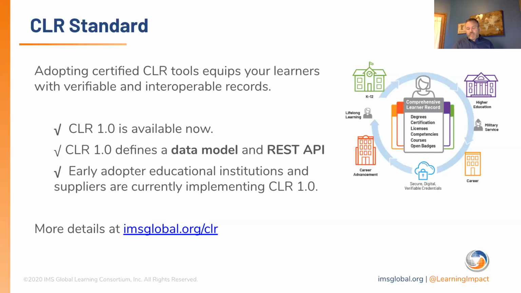And it's good to know that the CLR 1.0 standard entails both a data model, sometimes called an information model, and the REST API, which is important for exchanging the data itself between systems. We'll take a look in just a moment, but the URL to pay attention to is the one on the screen. imsglobal.org/CLR is the homepage for everything that we have related to resources around the CLR standard.